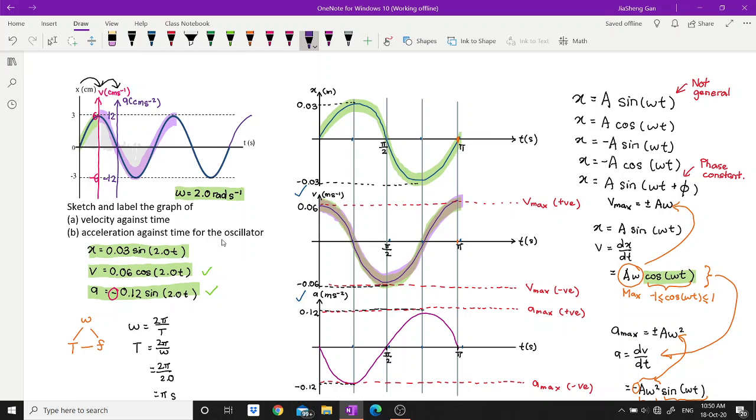So that's a quick way of figuring out the shape of the velocity time graph and acceleration time graph. But to be proper, what you should do is get these equations and plot according to the equation. Okay, so that's it for graph plotting in chapter 9, simple harmonic motion.